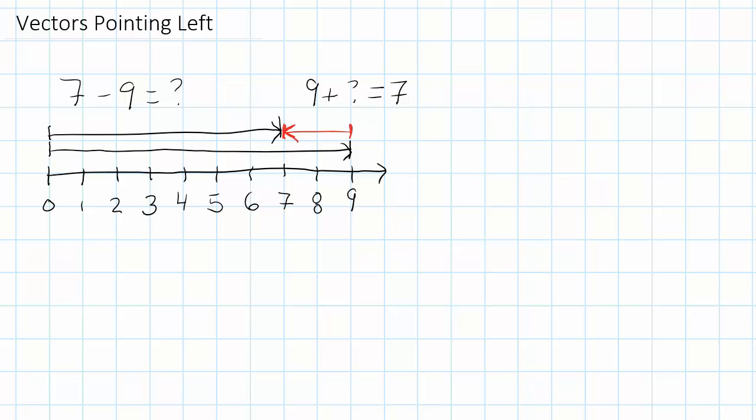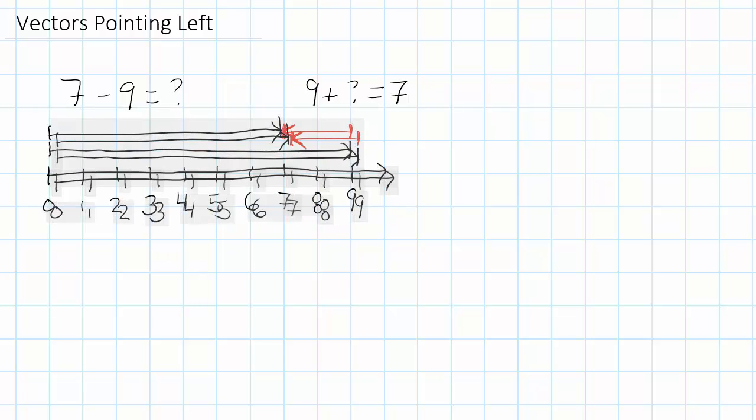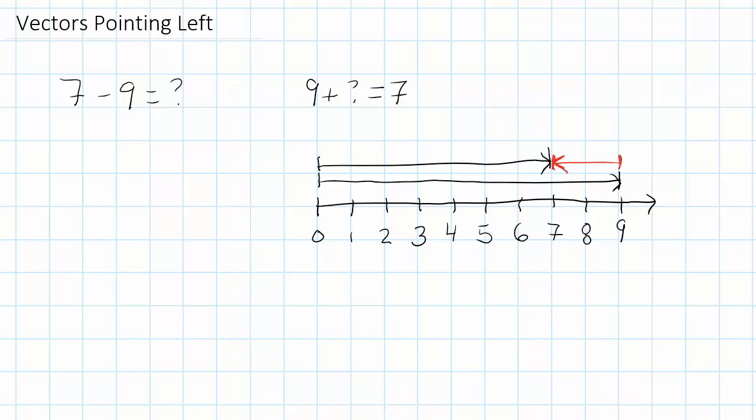All of a sudden, 0 is right in the middle. So we take this red vector and we move it to begin at 0, and it ends at this point over here. It doesn't have a label yet.